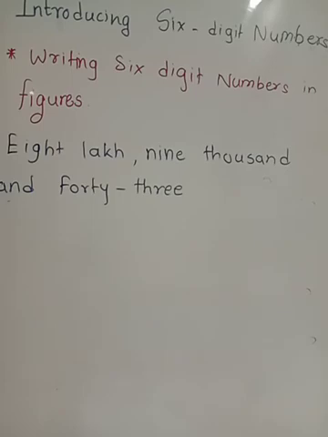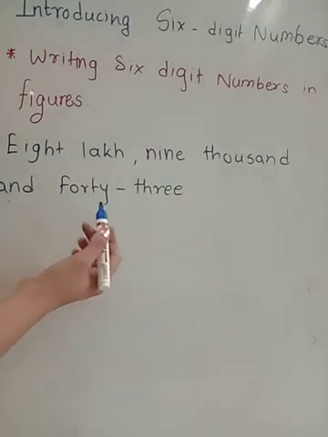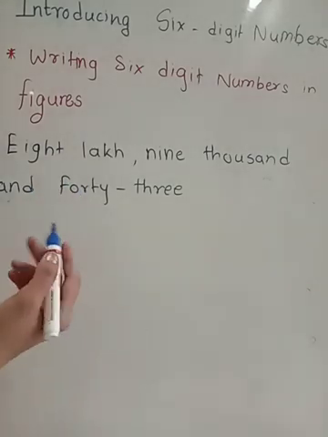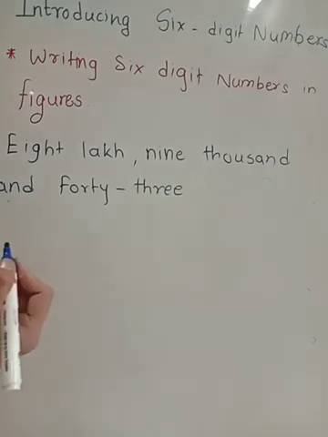Next we start learning about writing 6-digit numbers in figures. So here is the number 8,09,043. There are 8 lakhs in this number. So there are no 10,000, so we write 0 in that place.